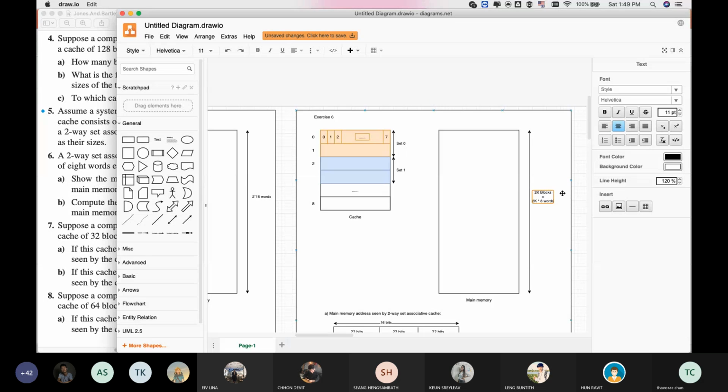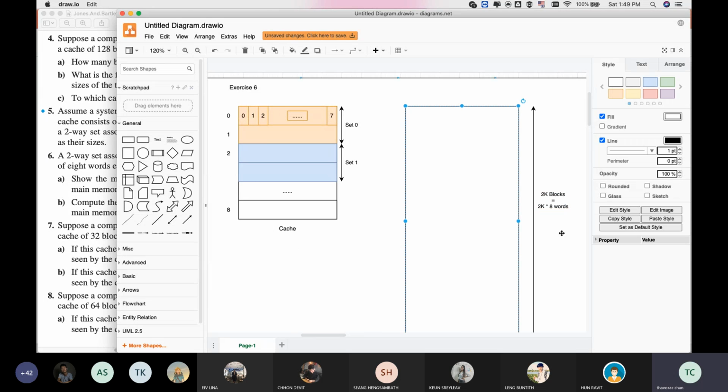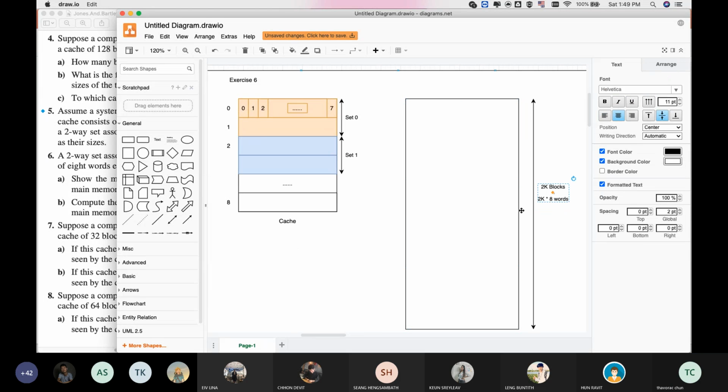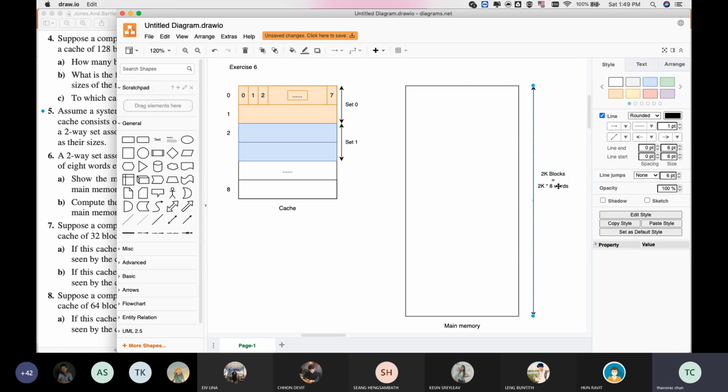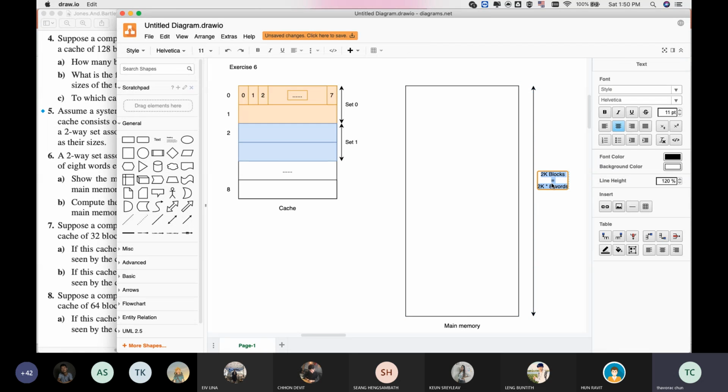Because we have 2K blocks and each block has 8 words, to find the total words inside our main memory, you just use 2K multiplied by 8.